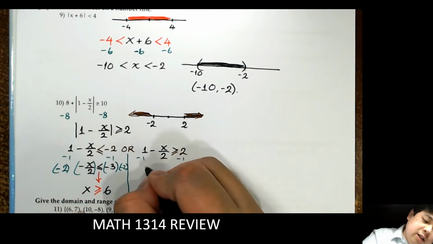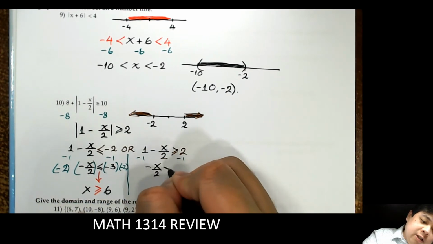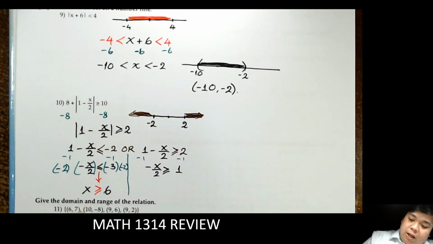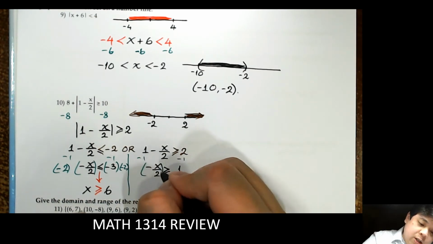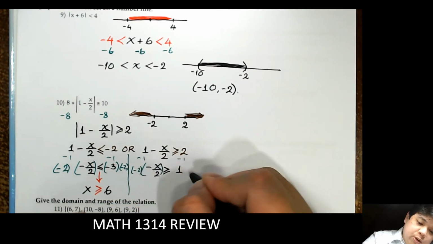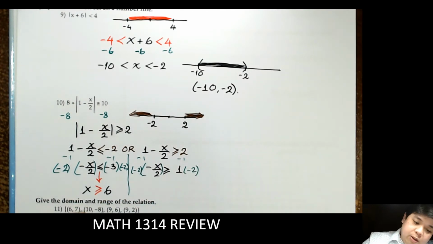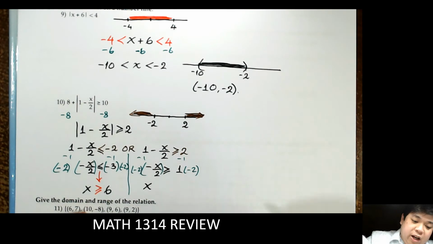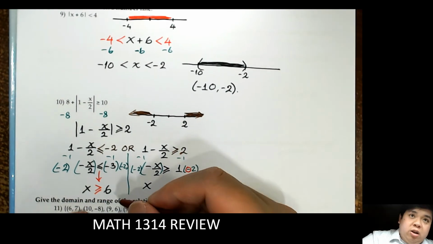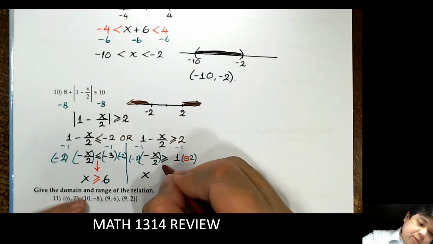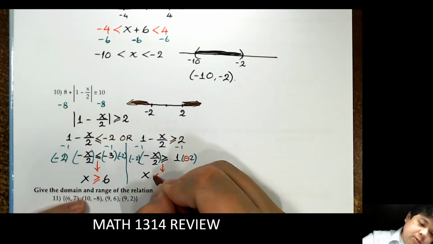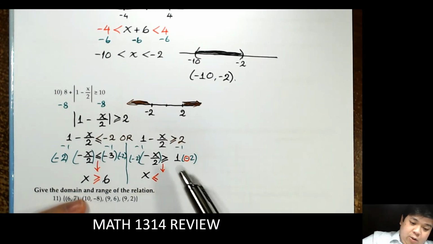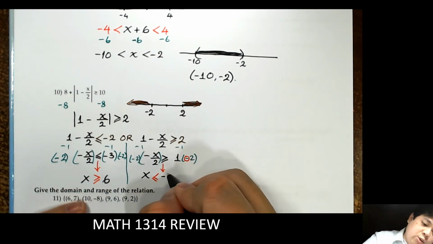On this side, now we multiply by negative 2. Again, multiplying by a negative number, the inequality is reversed. And 1 times negative 2 is negative 2.